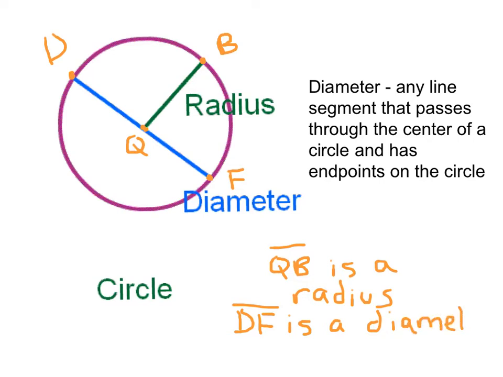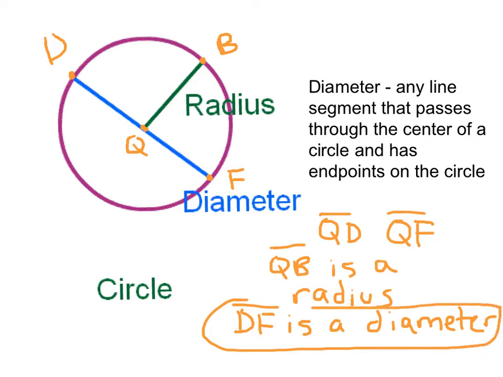In fact, there are two other radii of the circle, line segment QD and line segment QF are also both radii, which is the plural of radius. But line segment DF is a diameter.